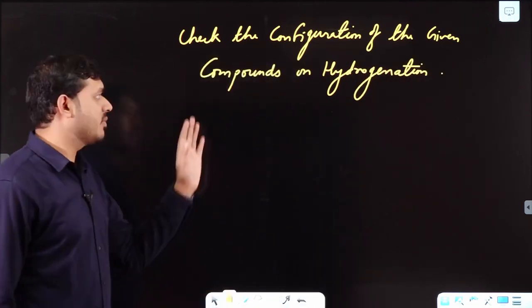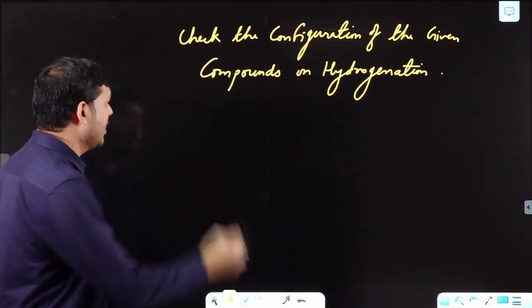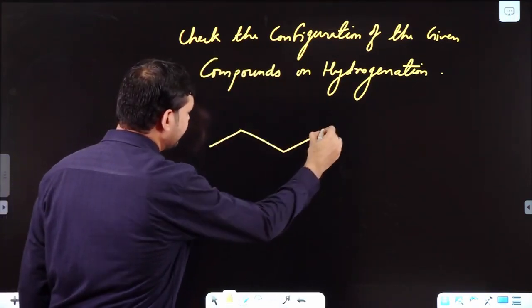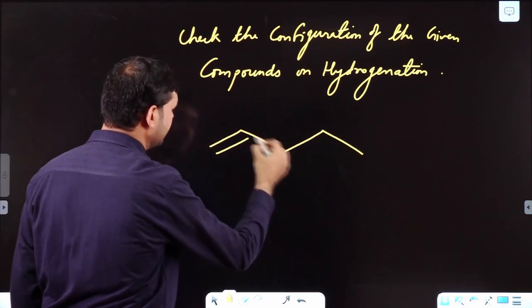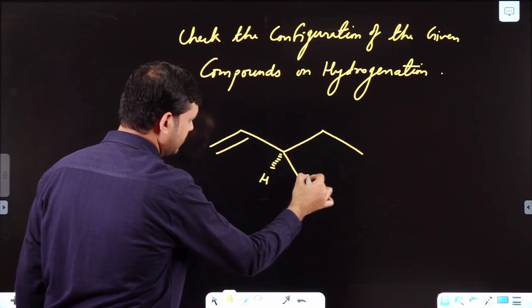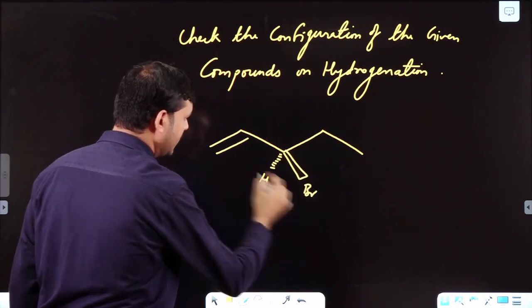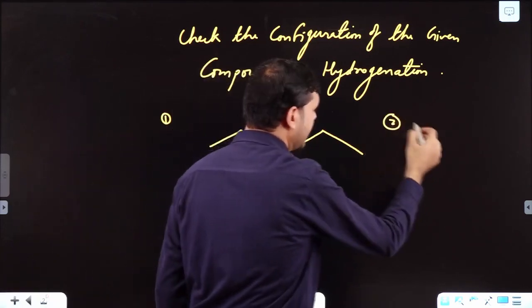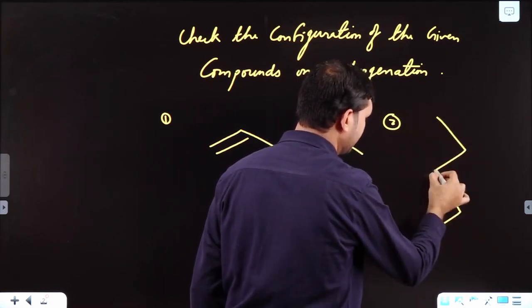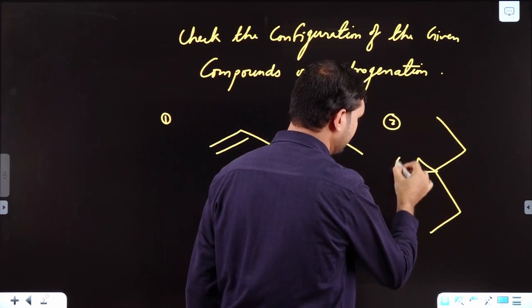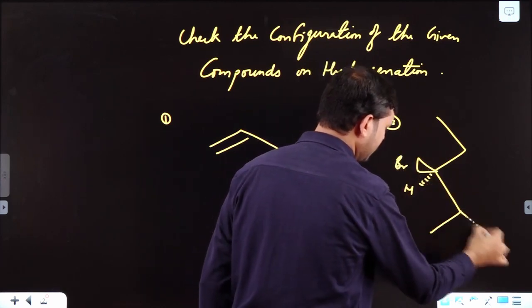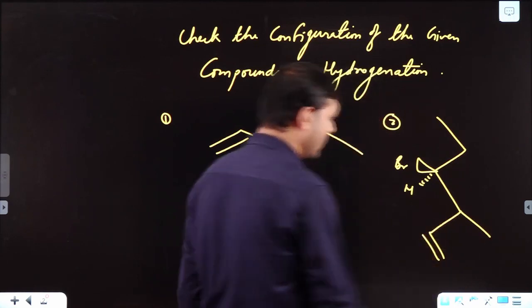Check the configuration of the given compounds on hydrogenation. You are given two compounds. This is the first compound, and the second compound is this compound.